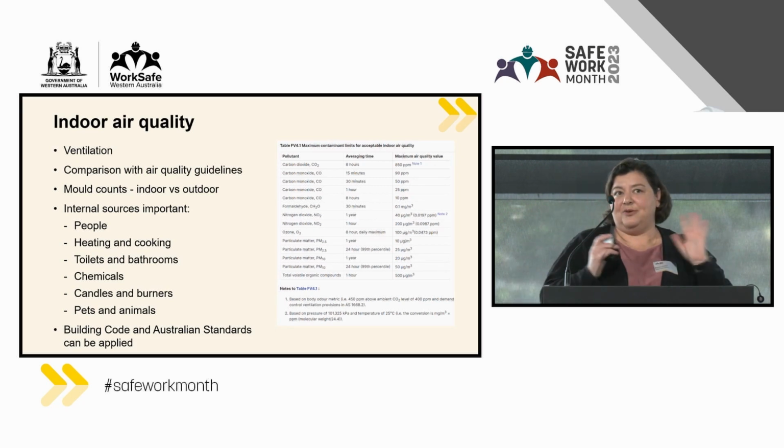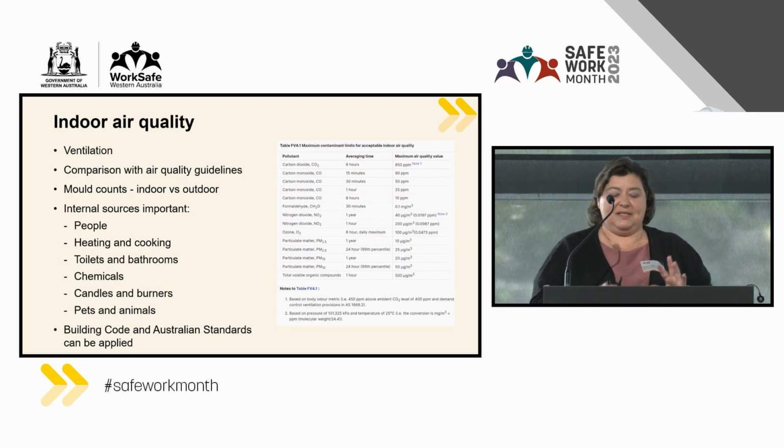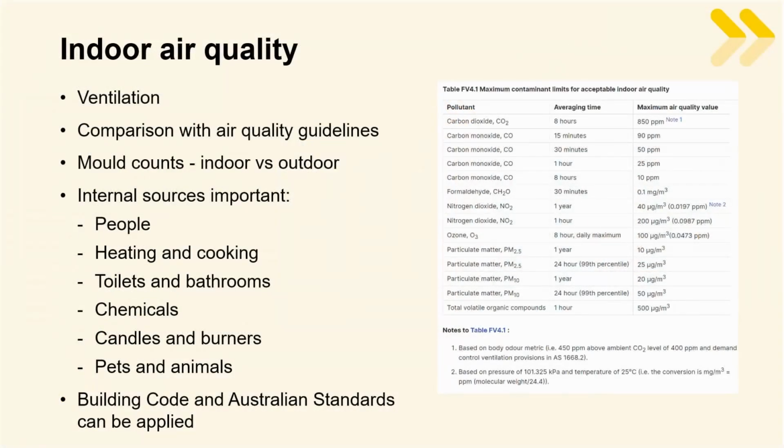Dino very adequately covered indoor air quality, so I'll just touch on this. These are the standards from the National Construction Code on the side, and I won't go through them, but they are lower than WHS standards. Now you've got to remember, a time-weighted average assumes that you have some unexposed time. Well, we can't get away from air contaminants, can we? But there are public health guidelines that are way lower than the occupational guidelines.